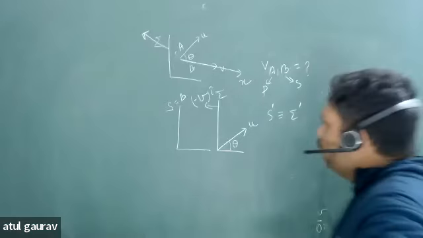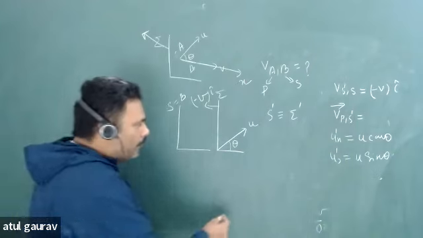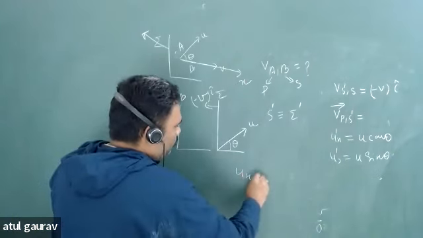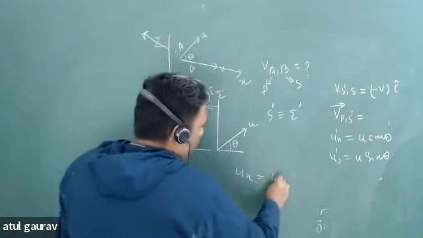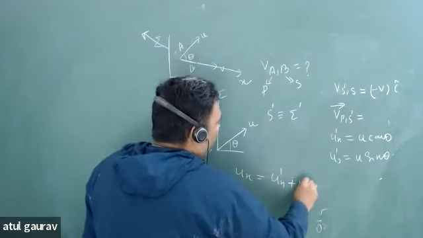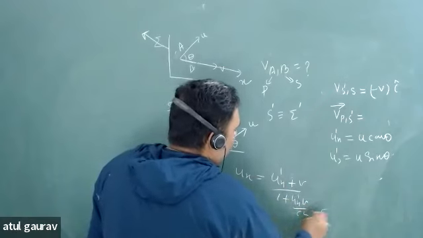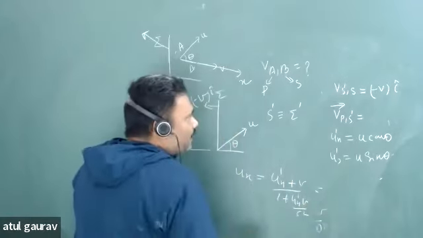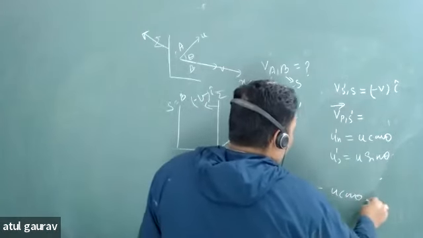Now, which formula are you going to use? What is your ux? ux dash plus v, upon 1 plus ux dash v upon c square. So what is your ux dash? u cos theta. What is your v?